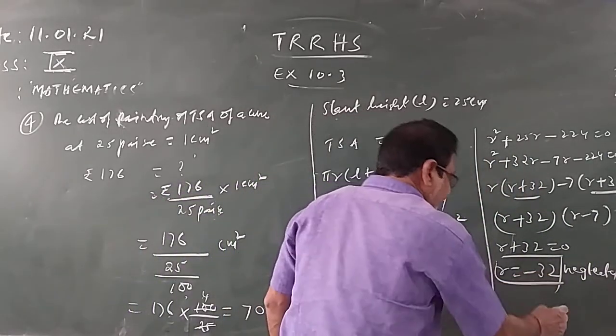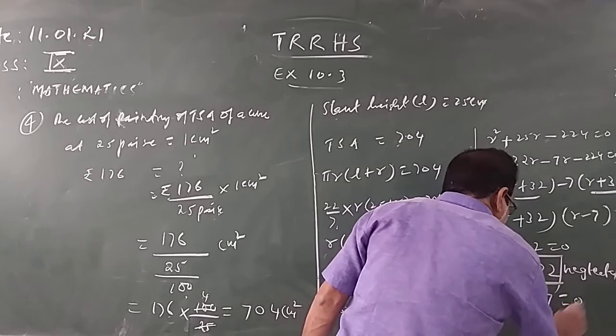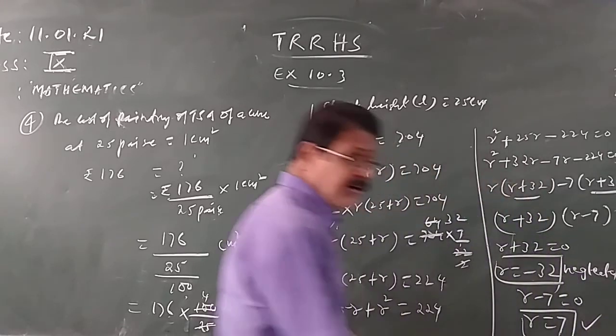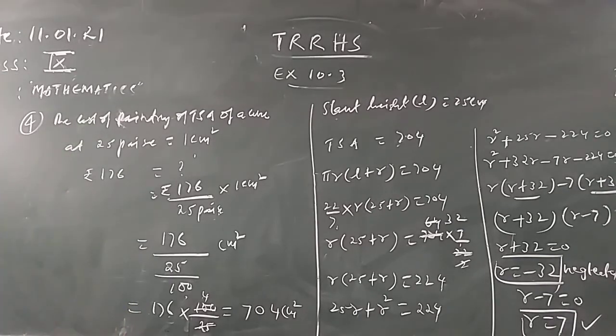Don't accept the negative value, take the positive value. r minus 7 equals 0, so r equals 7 centimeters. The radius is 7 centimeters.